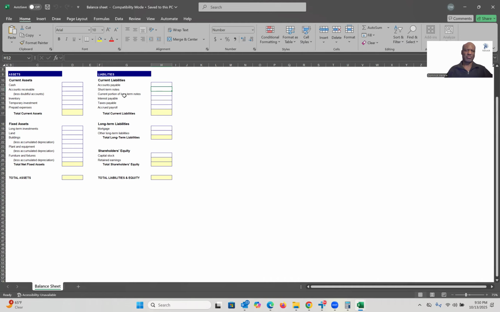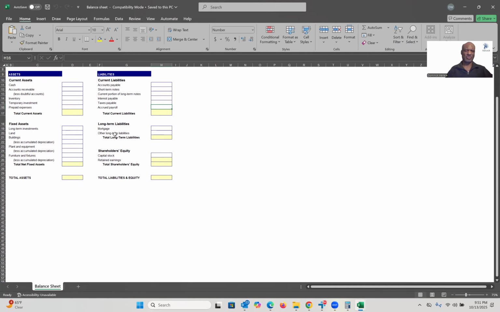A current portion of long-term notes, maybe not the whole note, but fees that you owe. Interest payable, like maybe you owe somebody interest. And accrued payroll, so maybe this is money that you owe somebody for working for you, but it's not expensed yet, right?